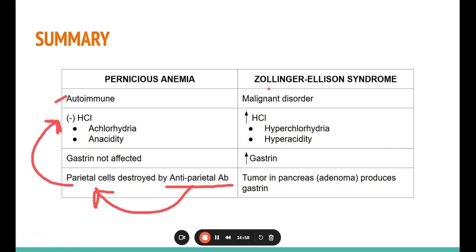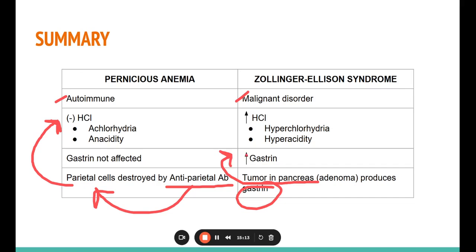While Zollinger-Ellison syndrome, or ZES, is a malignant disorder. It is characterized by a tumor in the pancreas. This adenoma produces gastrin, meaning there is increased gastrin in ZES.